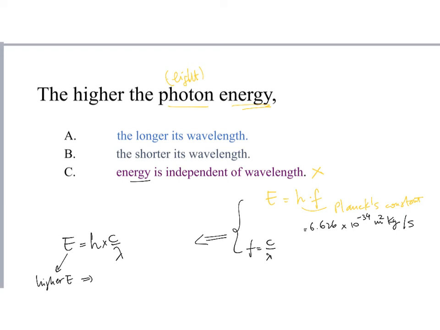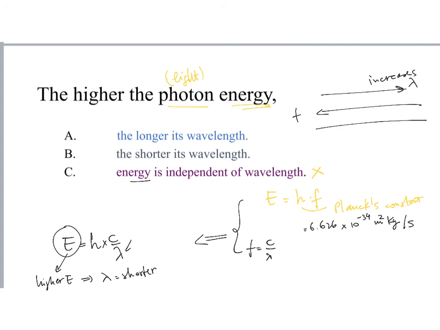In order to obtain a larger number here, you need to divide by a smaller number here. So wavelength is going to be shorter, and you can see that in the previous diagram where they go in the opposite directions, right? So if the wavelength increases that way, then both the frequency and the energy increase in the opposite direction.